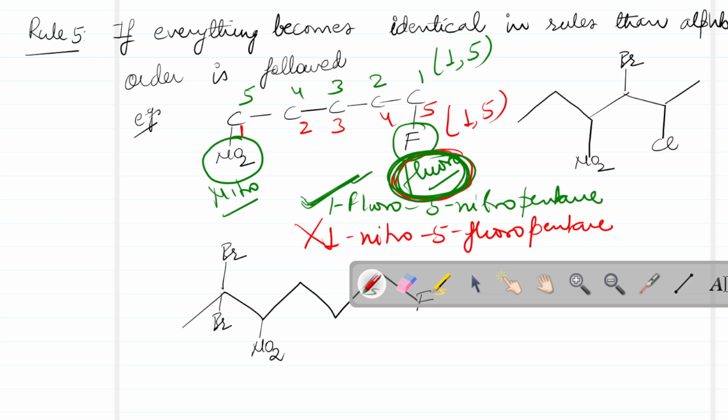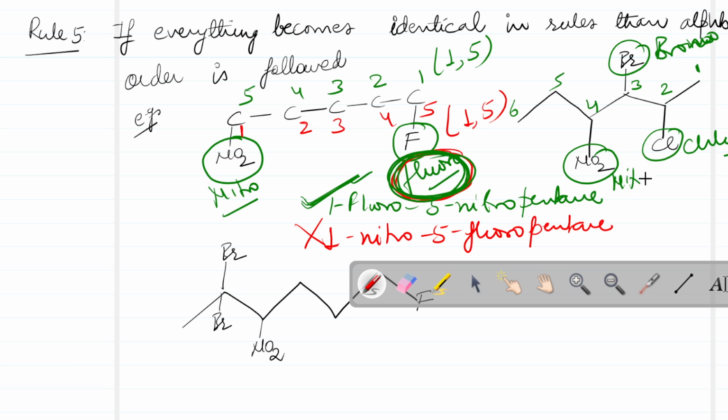Now this compound, second example. It is chloro, it is always a substituent, bromo, and nitro. The set of locants is 2, 3, 4.